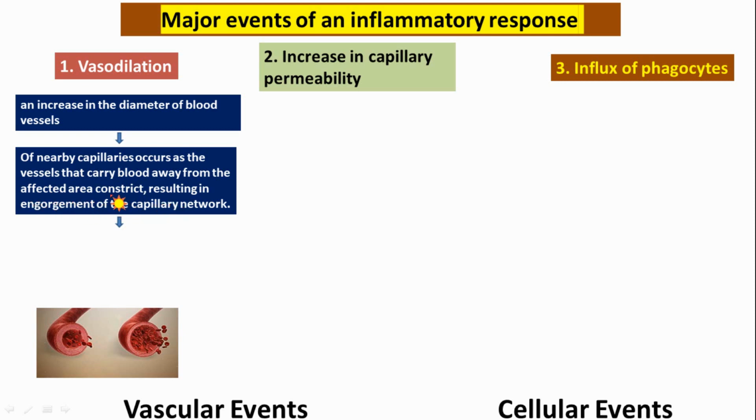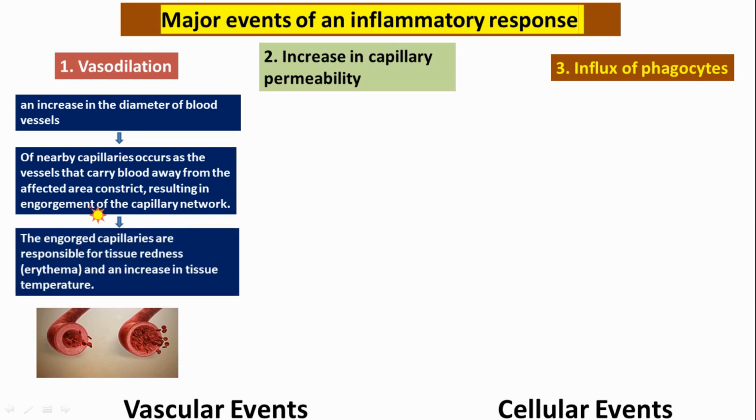Because of the narrowing of this vessel, there will be engorgement in the capillary network. The engorged capillaries are responsible for the tissue redness. Lots of blood in the engorged capillary will be there, and because of that, in that particular tissue there will be erythema.